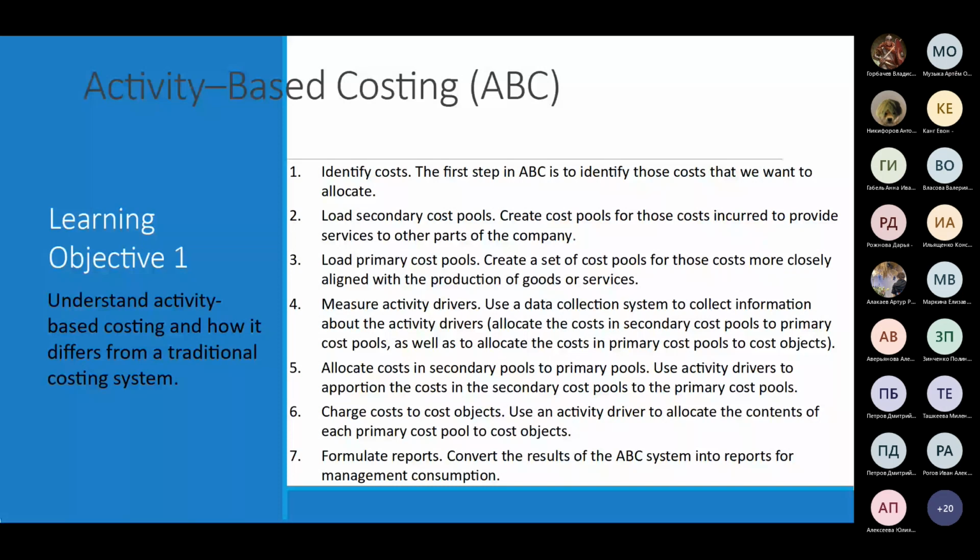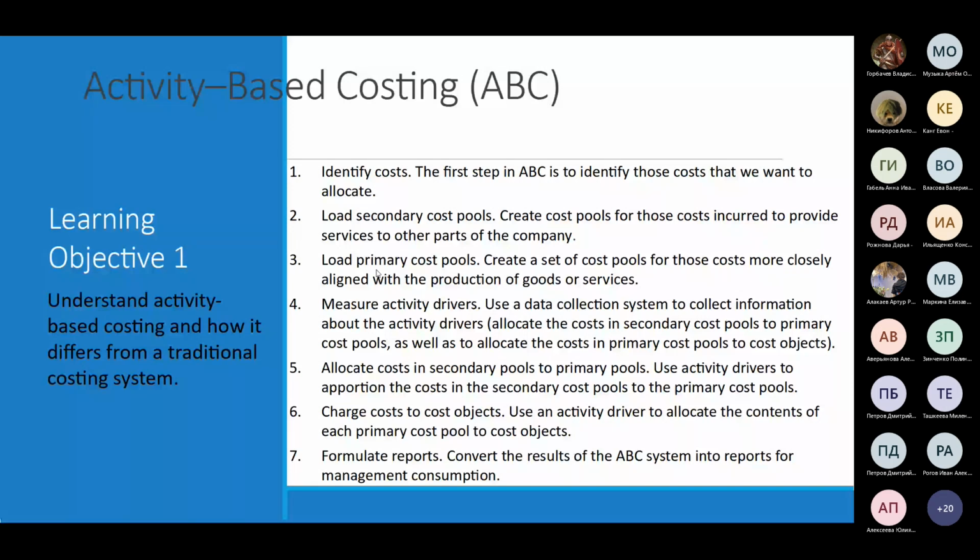Then we select the primary cost pools, create a set of cost pools, and measure activity drivers. Then we allocate costs in secondary pools and charge cost to cost objects. And the last step is to formulate reports. Let's see how this algorithm is working in a step-by-step mode.